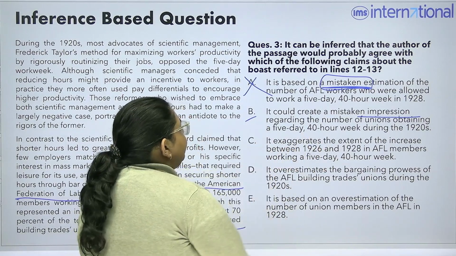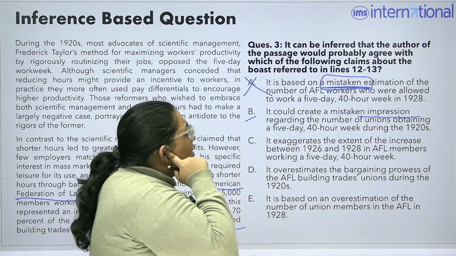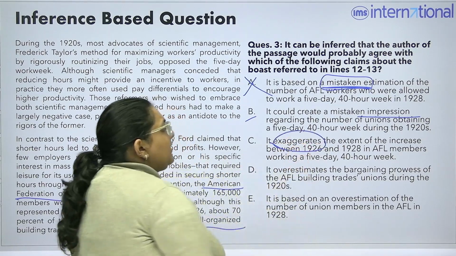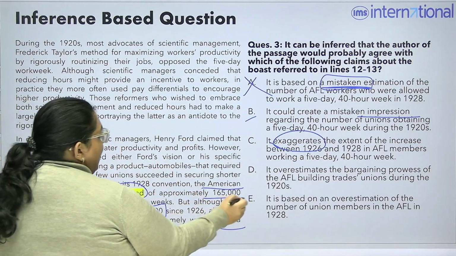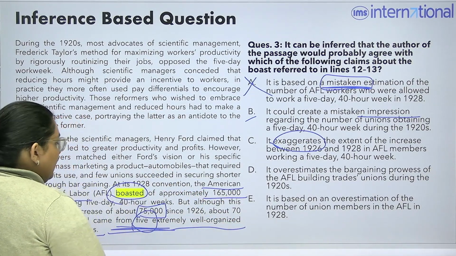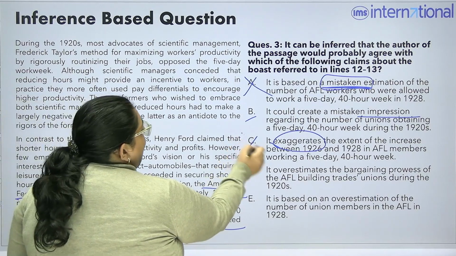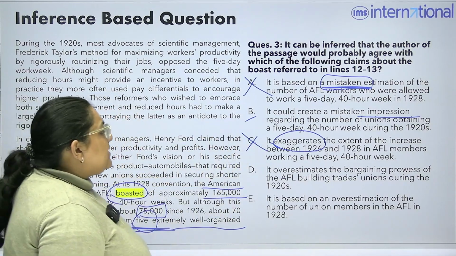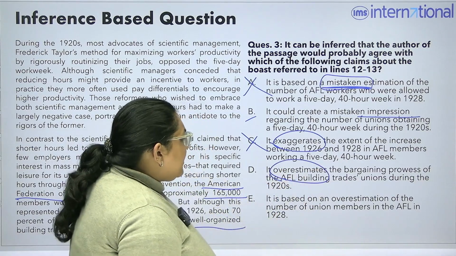This can work. It exaggerates the extent of the increase. I don't think so, it is exaggerating the extent of the increase, because the increase is actually given in numbers, that it increased by 75,000. So it is not exaggerating the extent of the increase. It is not overestimating the bargaining power.